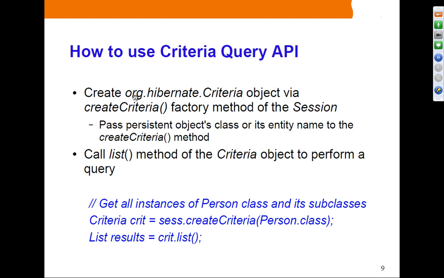So create the criteria object via the createCriteria factory method of the session object, pass the persistent object class or its entity name to the createCriteria method, and then call the list method to perform the actual query operation. criteria.list will perform the SQL operation underneath and return the result in the form of a list. Pretty straightforward. There is no SQL or HQL string, no non-Java-like string here.